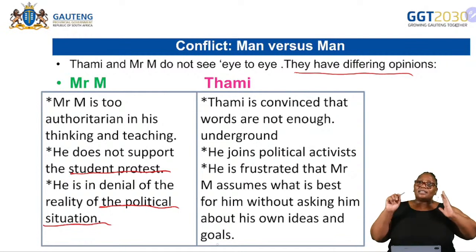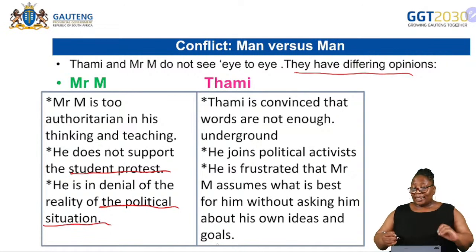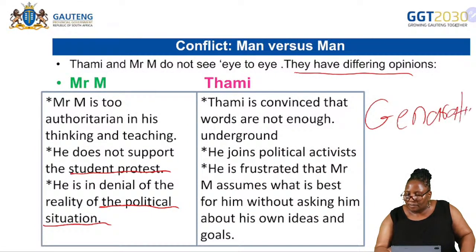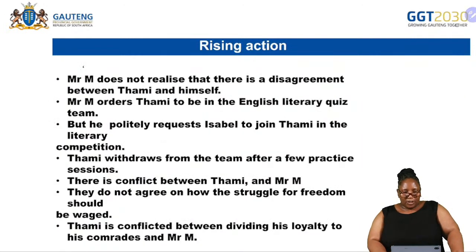So they had differing opinions. When we come to the point where we deal with themes, we're going to speak about generational conflict. People of different generations believing in different issues.